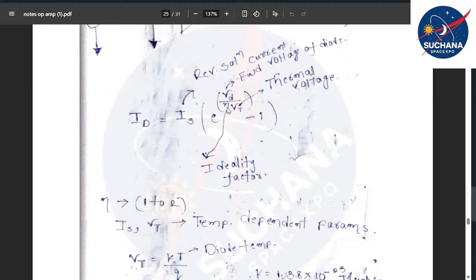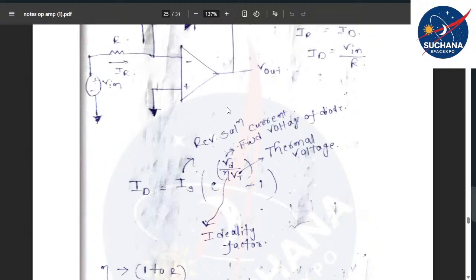Actually, making the op-amp perform logarithmic functions is not as easy as it was for the integrator and the other circuits. It is a little bit complicated. Here temperature also plays an important role. There are two different things: one is the temperature compensated logarithmic amplifier, the logarithmic op-amp, and the other is the temperature non-compensated logarithmic operational amplifier.